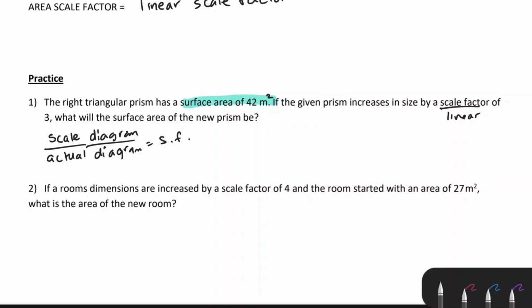If I want to talk about the scale factor or the scale diagram or the actual diagram in 2 dimensions, so specifically in this case, my actual diagram or my original shape is in meters squared, is an area. I want to make sure that all 3 things are the same dimension.